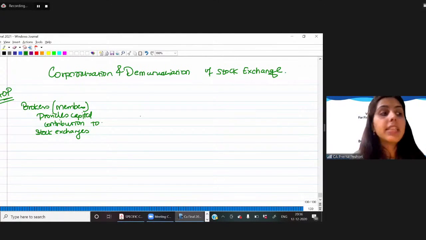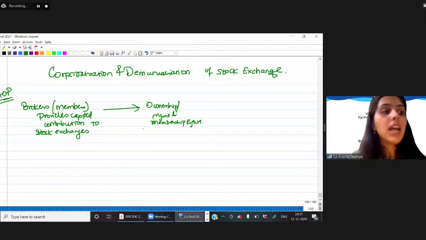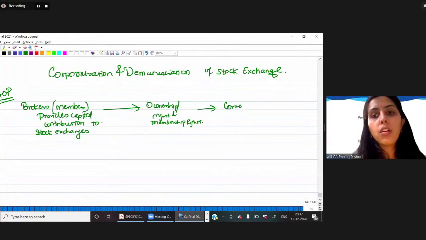By providing the capital contribution, they get ownership, management, and membership rights. Correct? Now, these AOPs of stock exchanges are converted to corporate form.